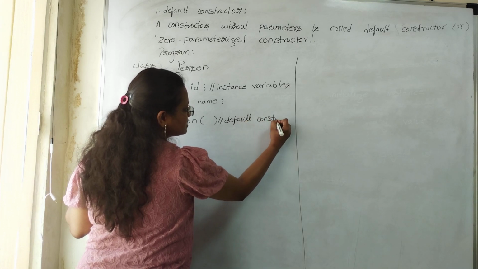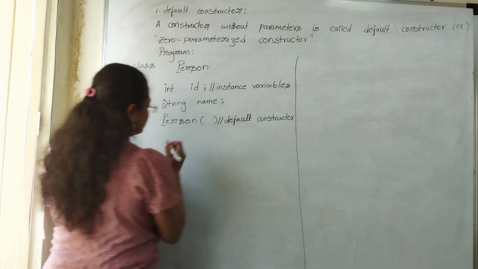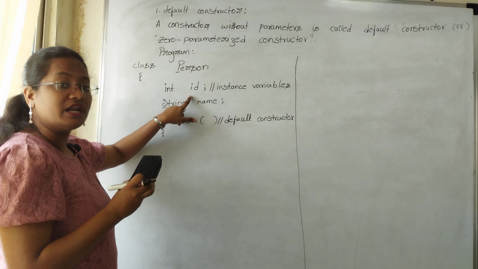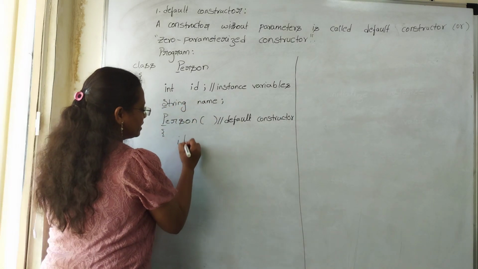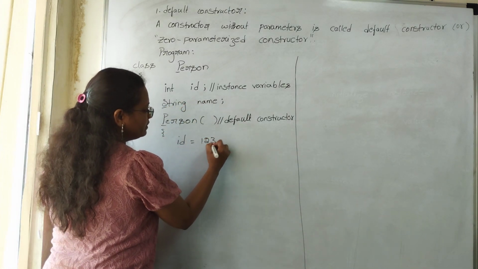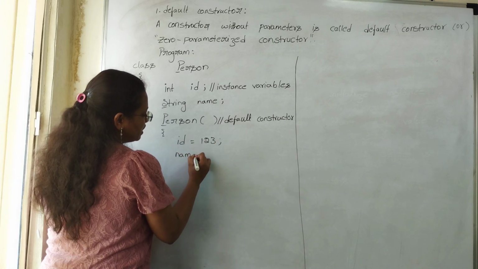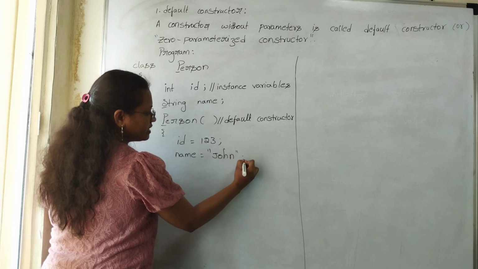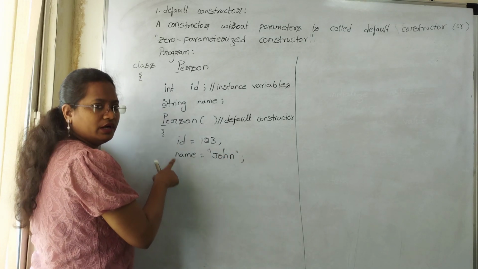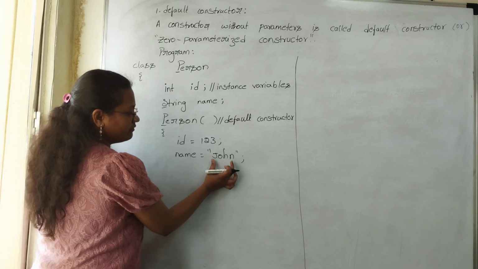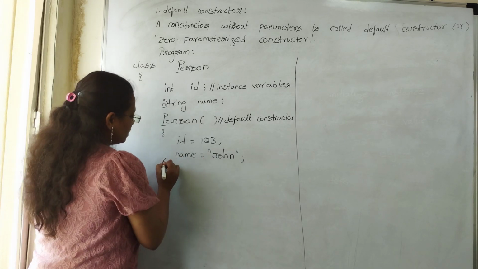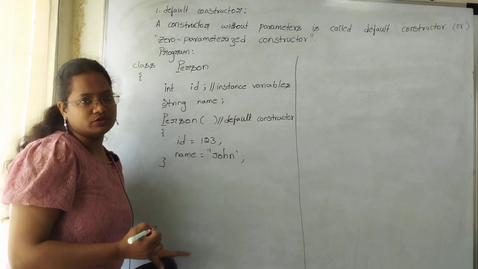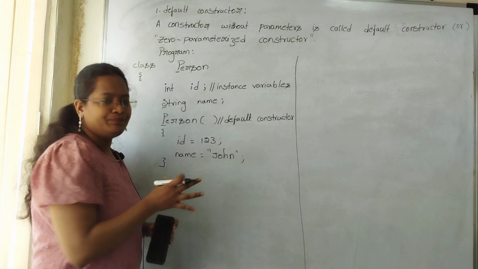Whatever variables you have taken here, you need to assign values to them. I am taking id equal to 123 and name equal to John. I am giving John as the value of the variable name. Now my default constructor is created. Now I want to print these values onto the screen, so I am defining a method.